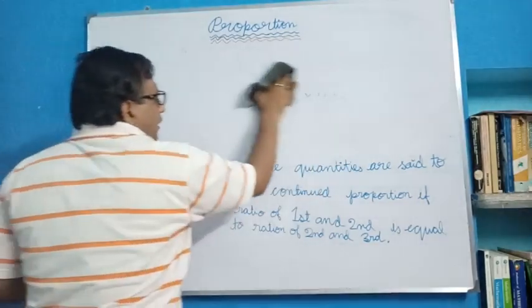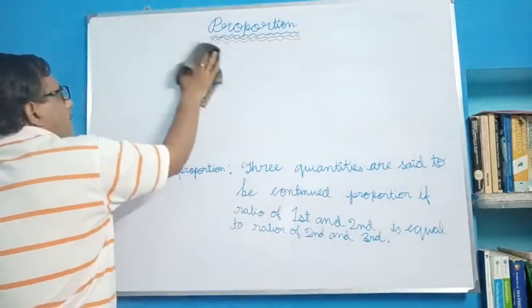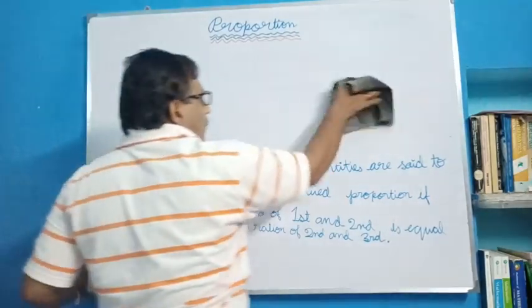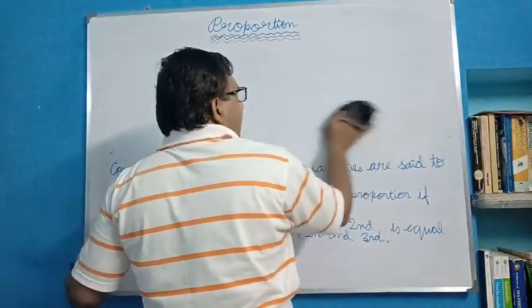Here the definition is written for three numbers only. It is also for 4, 5, 6 and more.